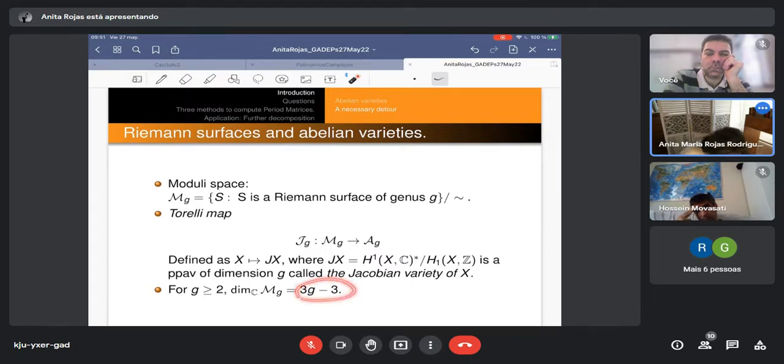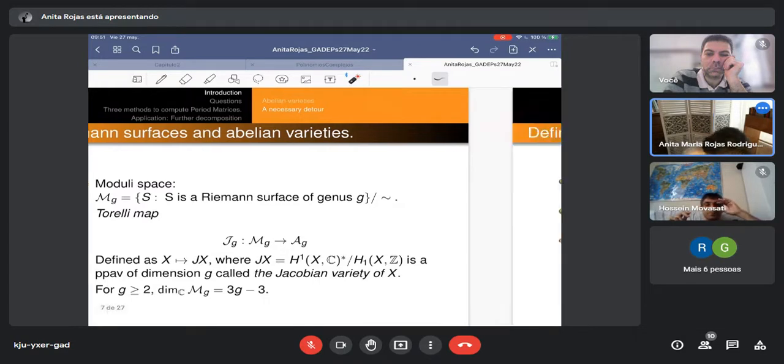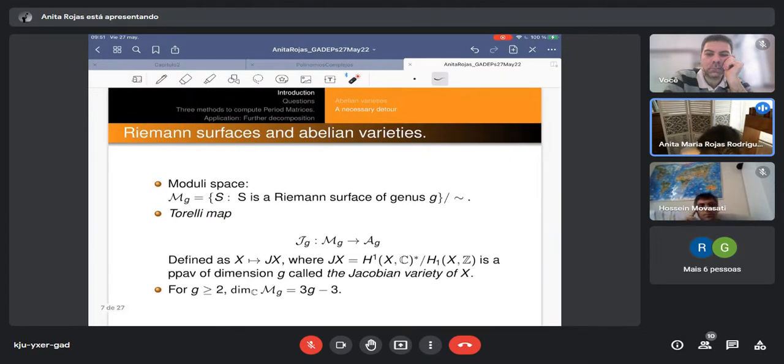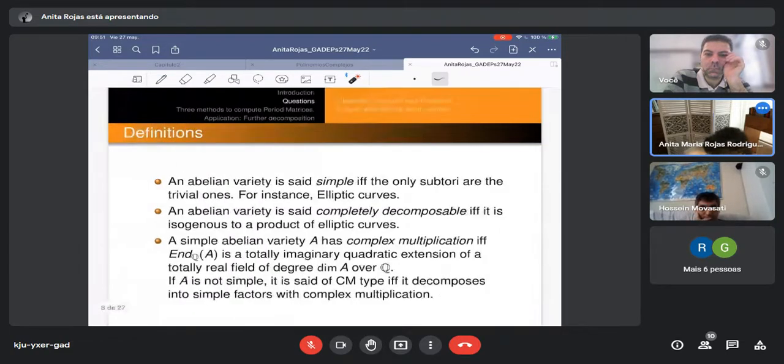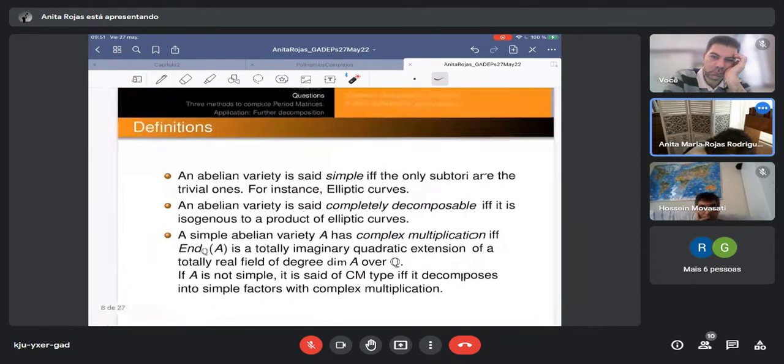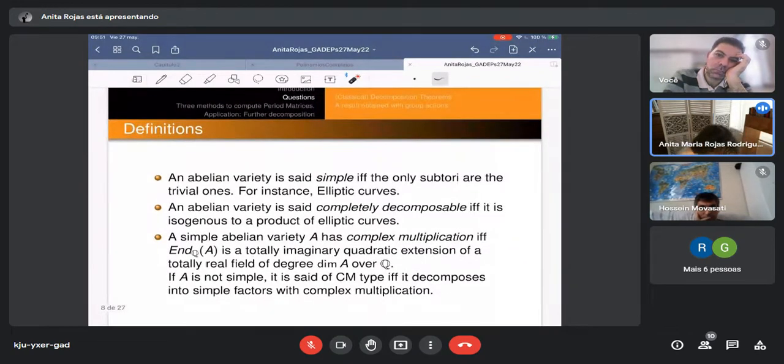And as soon as g is greater than 4, this is a proper subspace of the other one. And that is where the Schottky problem arises. Okay, well, which abelian varieties are in the image of this map? Okay, we are not going to go that way. We're going to go through a different path.